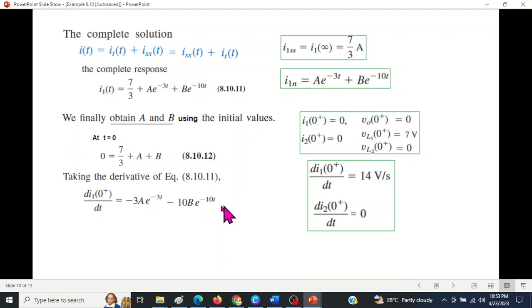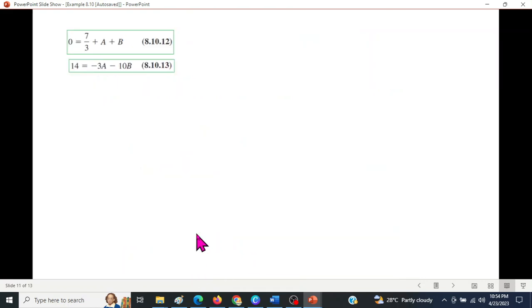And now if you put t is equal to 0, then di/dt at 0 is 14 volt per second. So 14 equals minus 3A and minus 10B. So this is our second equation. This is first equation, second equation. Using these two, we can find the value of A and B.